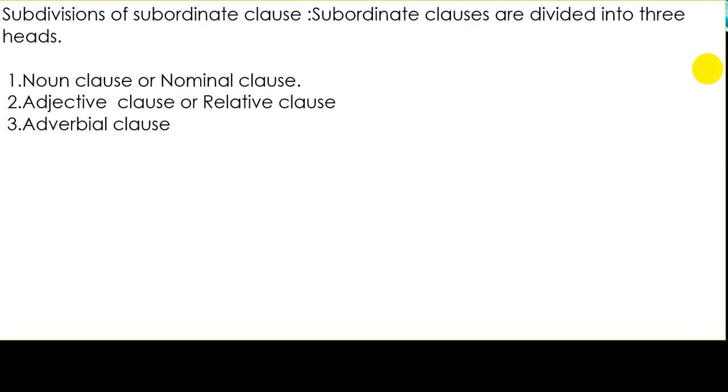Dear learners, before going to start transformation of sentence, simple to complex, you have to have the idea of subdivisions of subordinate clause. Subordinate clauses are divided into three heads. Number 1, noun clause or nominal clause. Number 2, adjective clause or relative clause. Number 3, adverbial clause.